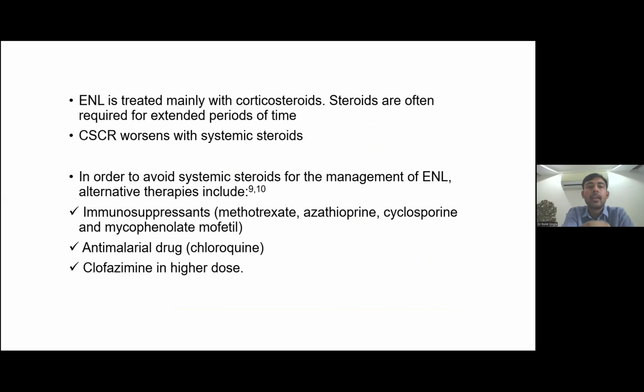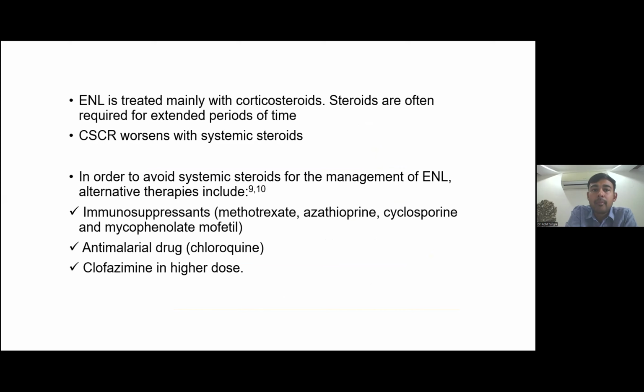So erythema nodosum leprosum is treated mainly with corticosteroids, and steroids are also used in ENL for extended periods of time because they have to be tapered very slowly to prevent further episodes of reaction. But the problem is, in our patient, we could not start it because CSCR worsens with systemic steroids and can lead to permanent damage of the retina.